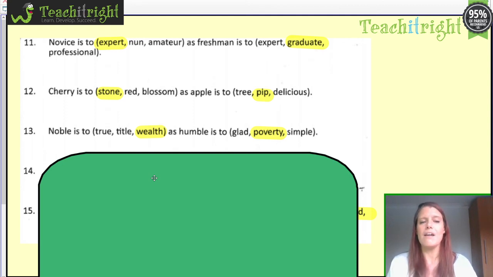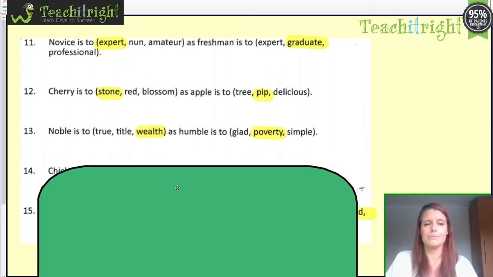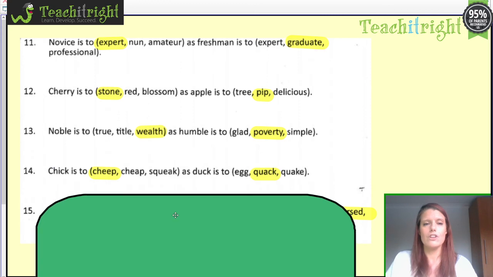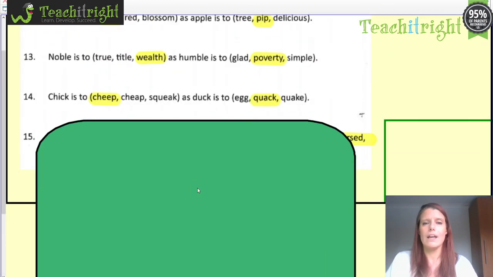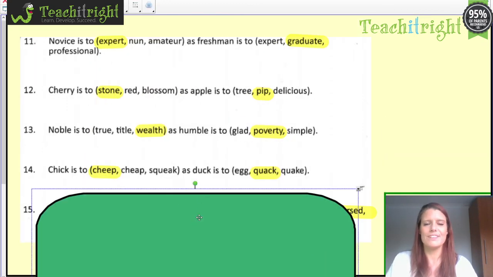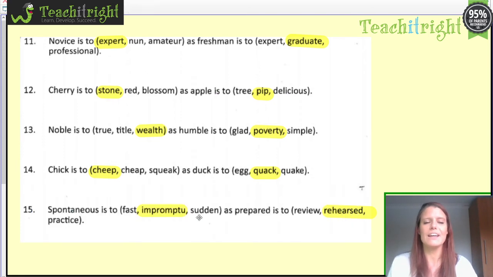This is comparing nobility to being wealthy and being poor to being humble and appreciative of what you have. Chick is to cheep as duck is to quack, referring to the sounds the animals make. And spontaneous is to impromptu as prepared is to rehearsed.